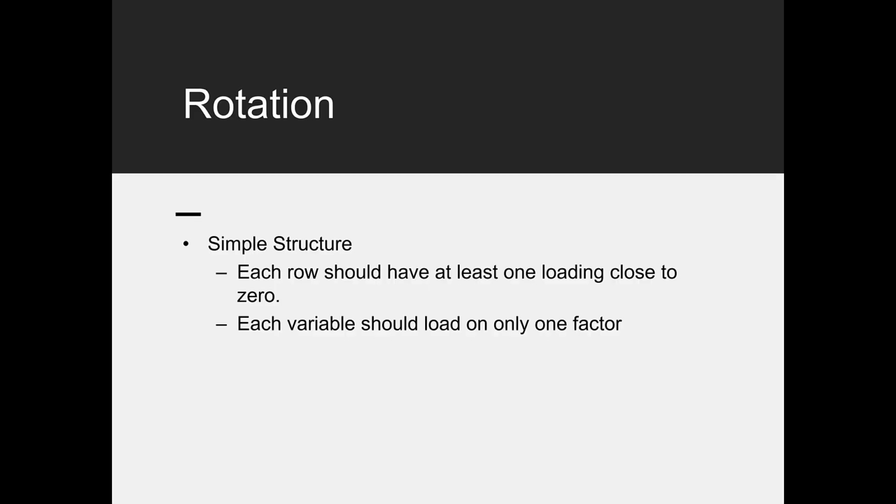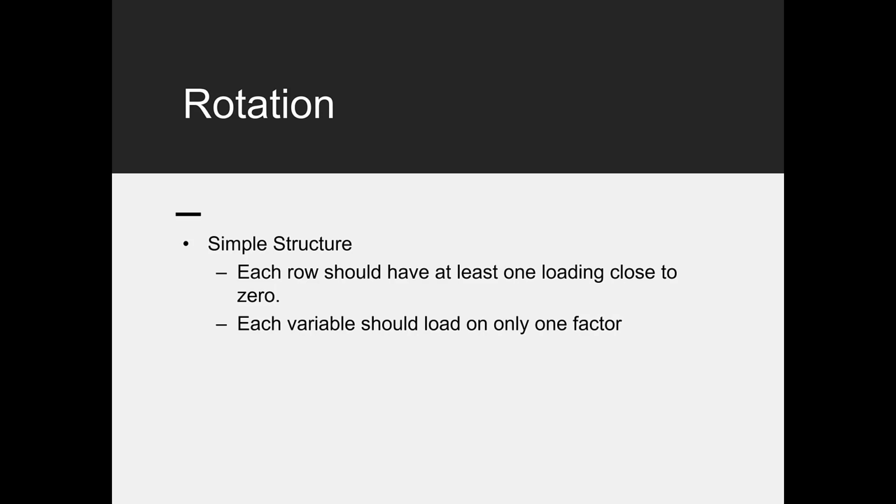So let's look at this. Once we do our rotation, we start interpreting things. One thing we'll want to have is what's called simple structure. I think it was Raymond Cattell who talked about simple structure.